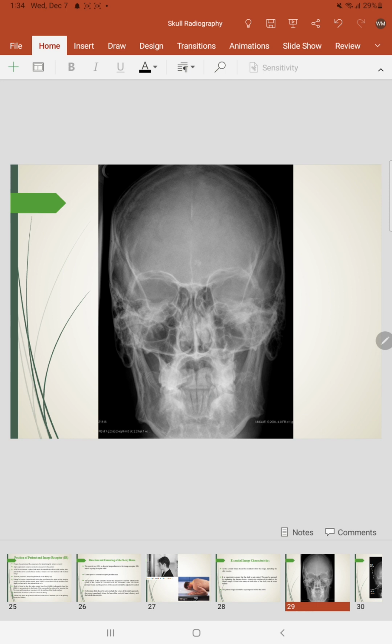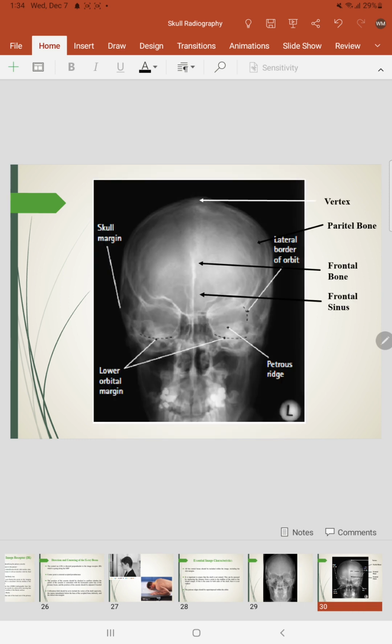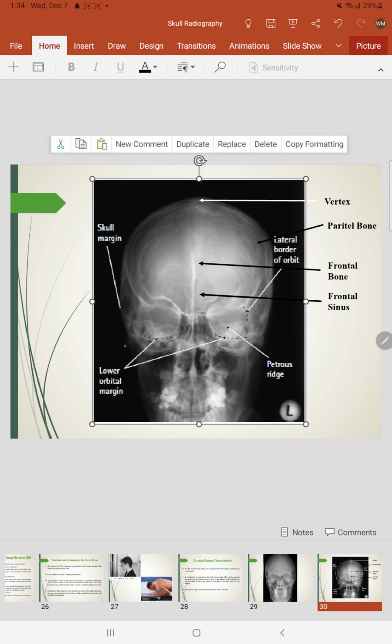Look at this radiograph. You can see the mid-sagittal plane and lateral skin margins, as well as the petrous ridges. This is the vertex. This is the lateral skull margin.